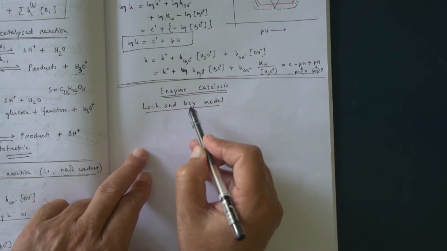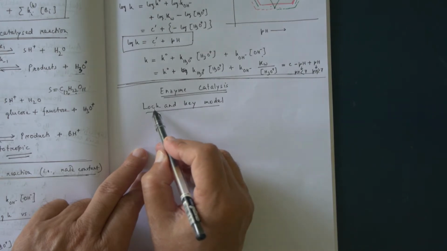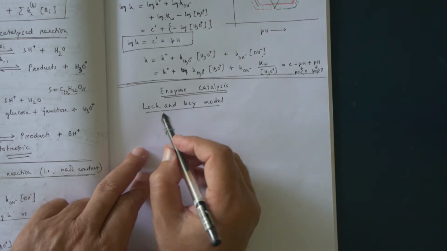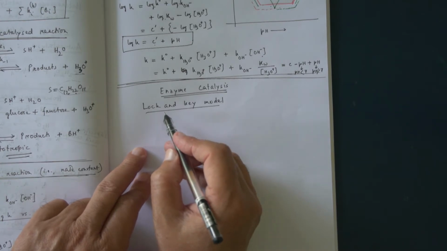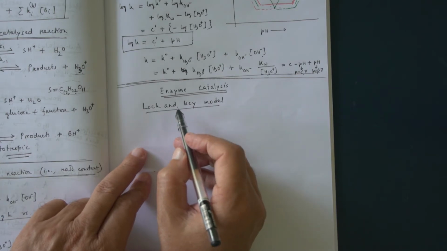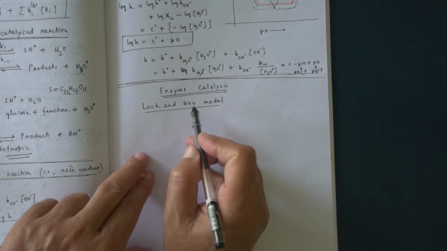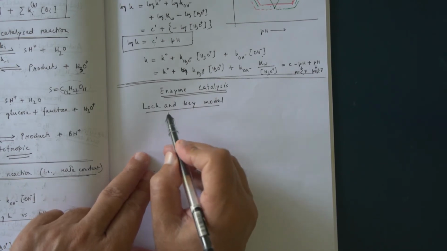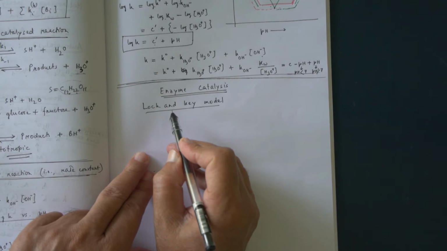One particular substrate is catalyzed by one particular enzyme. Therefore, we say that the action of enzyme is highly specific, because one particular reaction is catalyzed by only one enzyme.